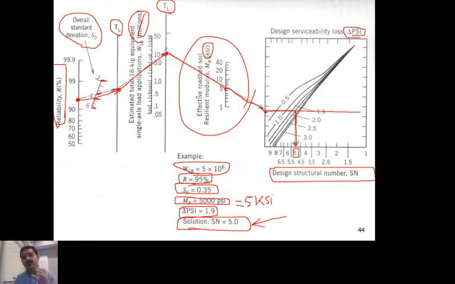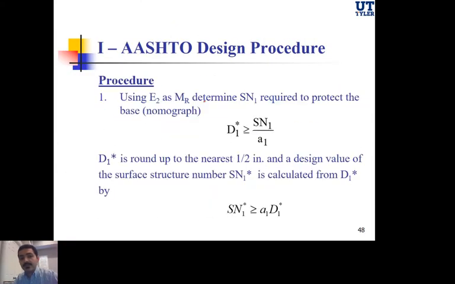Remember, this is not supposed to be the modulus of the current layer I'm designing. This is supposed to be the modulus of the layer underneath the layer that I'm designing, and that's the key point. So, for example, to get the thickness of the top layer, I'm going to use E2 as the MR to determine the structure number one.